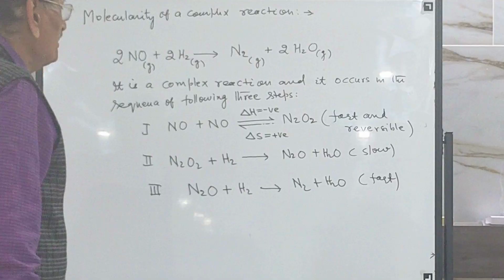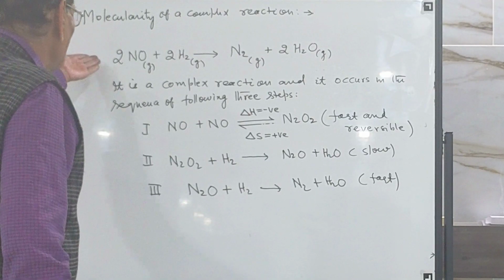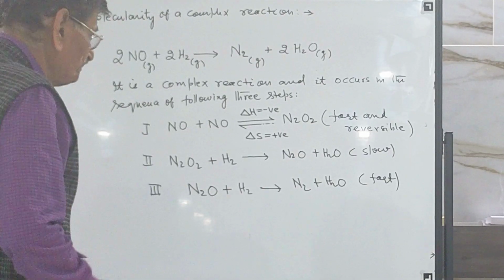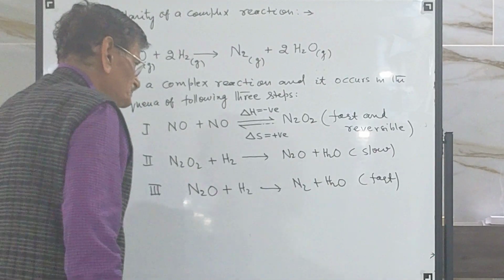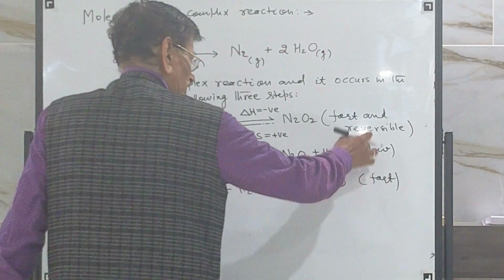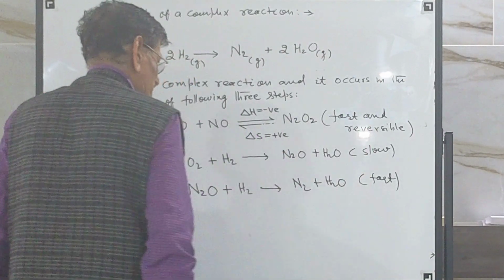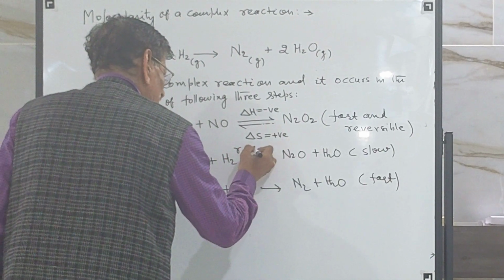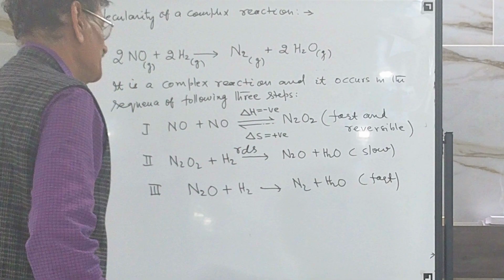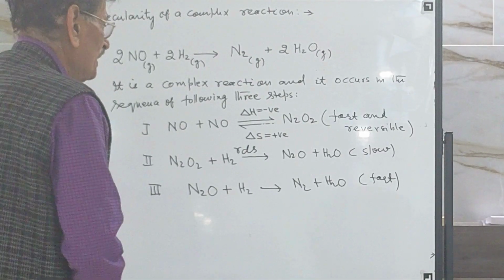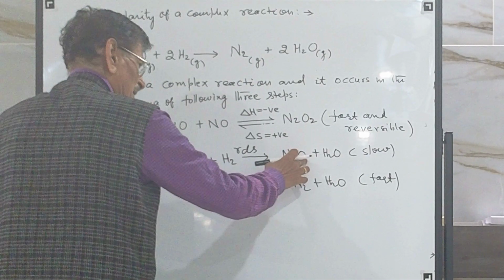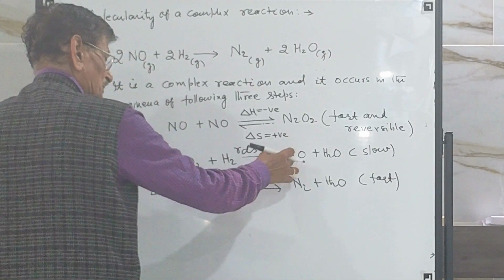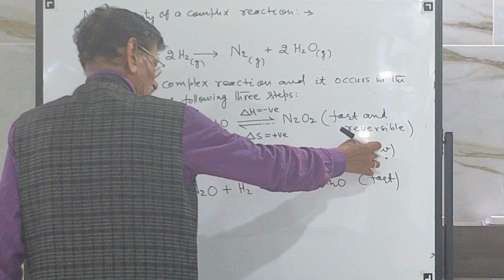Now the question arises: what is the molecularity of the overall reaction? Actually, this is the slowest step out of these three steps. And the slowest step is called the rate determining step, RDS. Why? Because unless N2O is formed, N2 can't form, because hydrogen will have to wait, as formation of N2O is very slow.